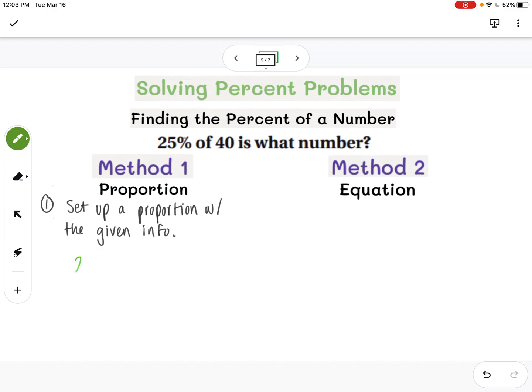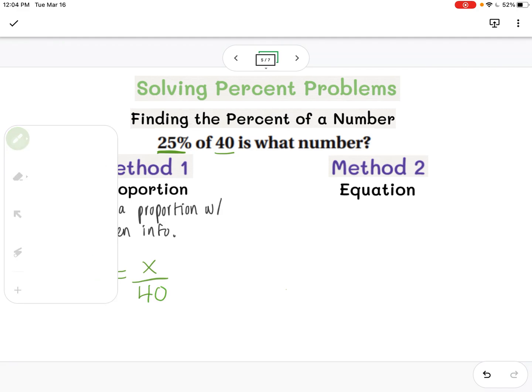First of all, we know any percent is out of 100, right? So I'm going to set up 25 over 100. So we're looking for 25% of 40, right? So this value should be the missing value up next to 25 because 40 in this case is representing the whole, right? Do you understand how to set that up?